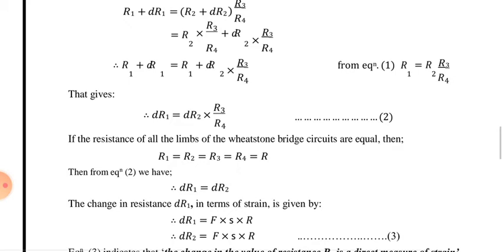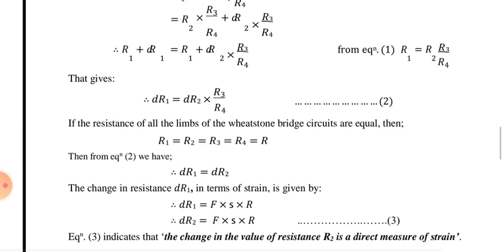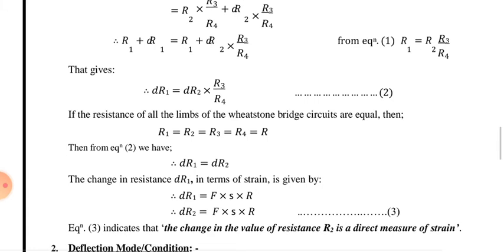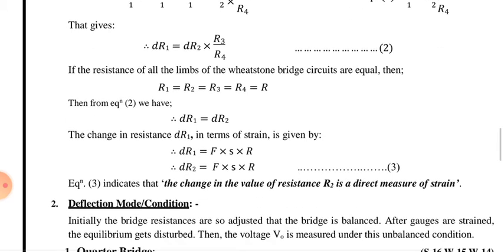The change in resistance dR1 in terms of strain is given by dR1 equal to F into epsilon into R. Therefore dR2 equal to F into epsilon into R. So equation 3 indicates that the change in value of resistance R2 is a direct measure of strain.